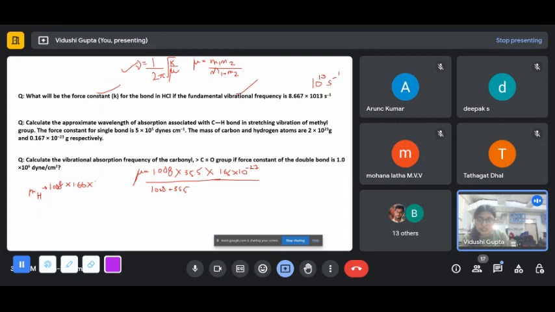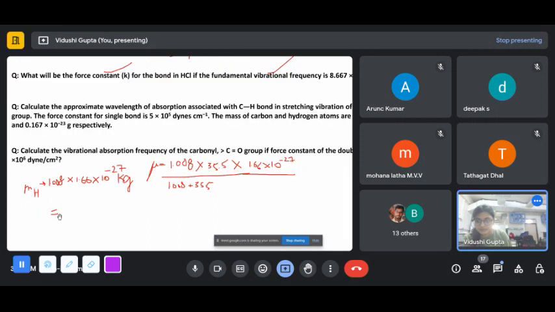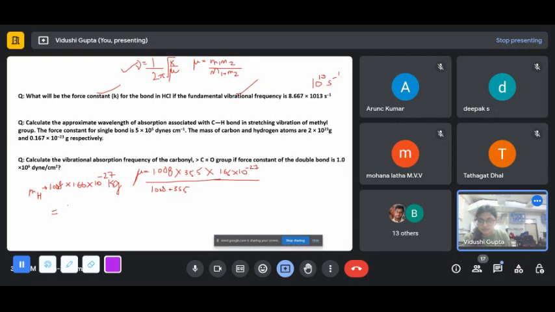So just to convert into kg, we will write directly 10 minus 27. So it will be in kg. So the exact mass of hydrogen by solving it will be 1.67 into 10 minus 27 kg.